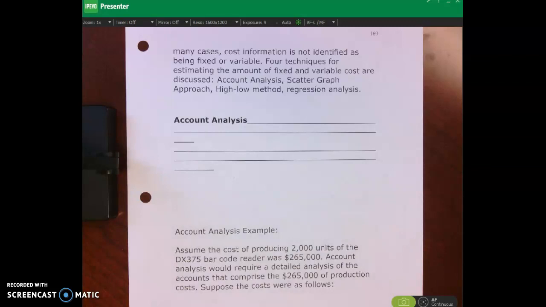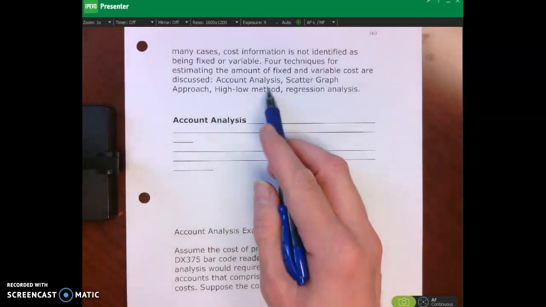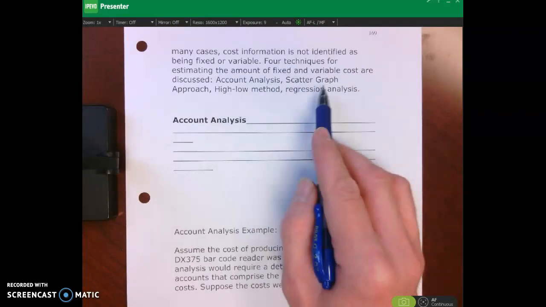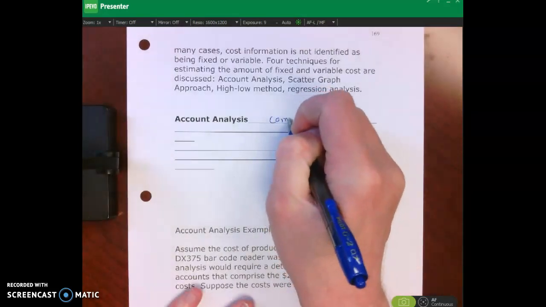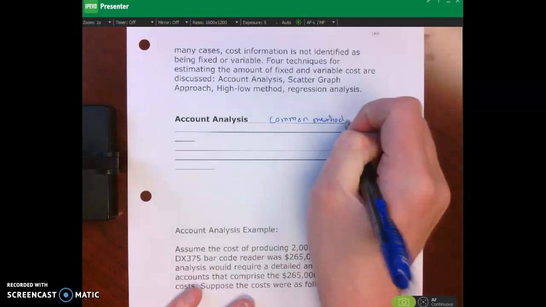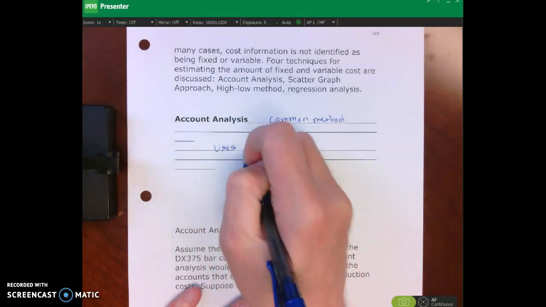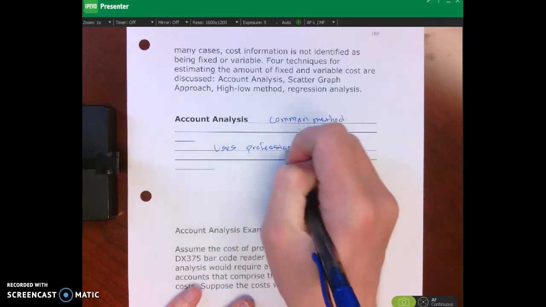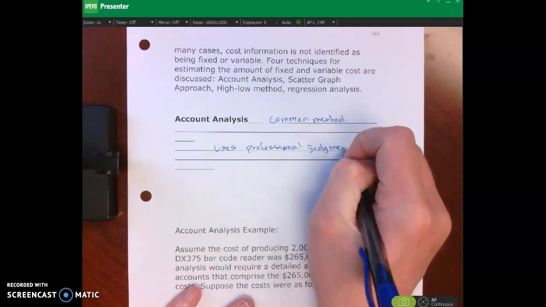Okay? So one way that we can estimate costs is through something called account analysis. There's also the scatter graph approach, high-low, and regression. So account analysis is a common method for cost estimation, and it uses professional judgment.